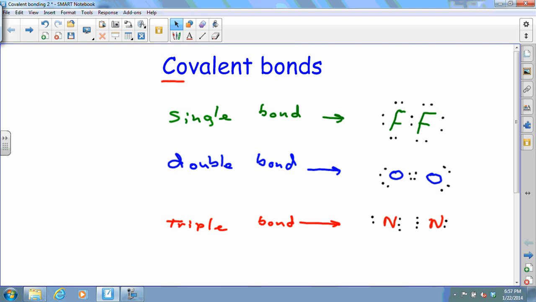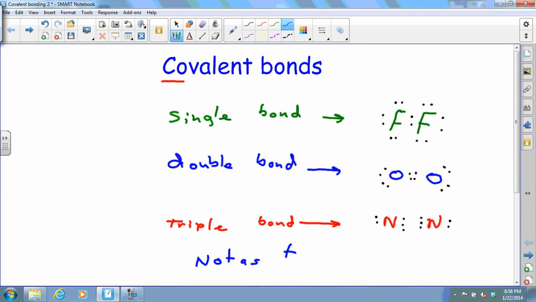Keep in mind that covalent bonds are not as strong. Let's write that down here somewhere. They're not as strong as ionic bonds. And that makes sense, and that's actually kind of a good thing.